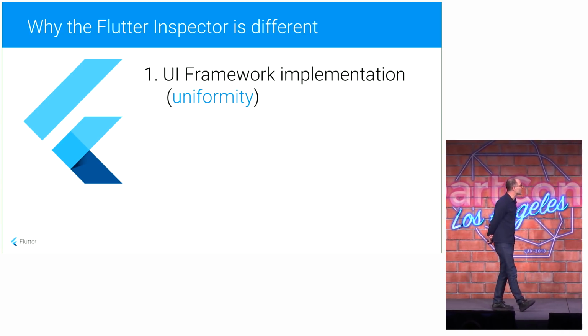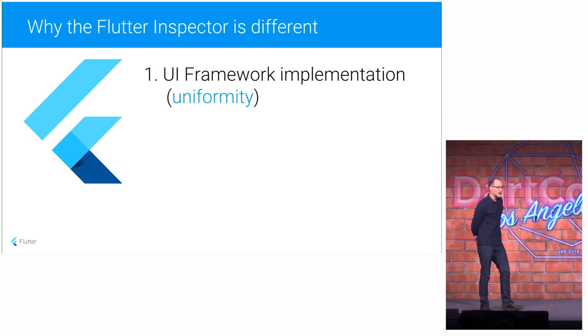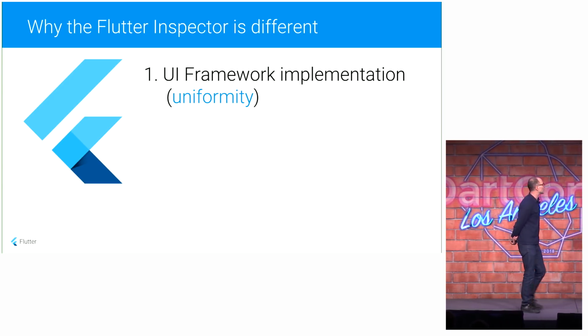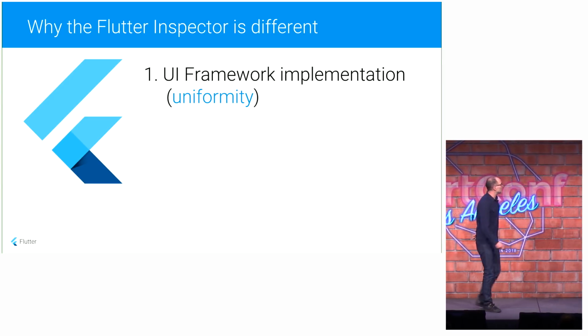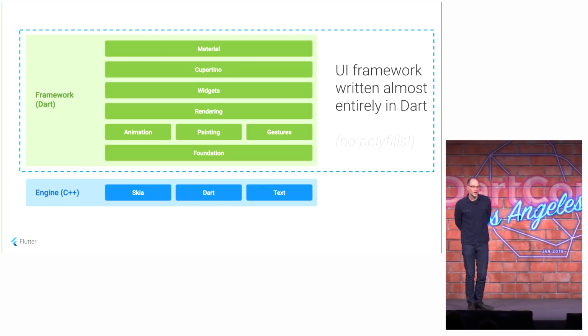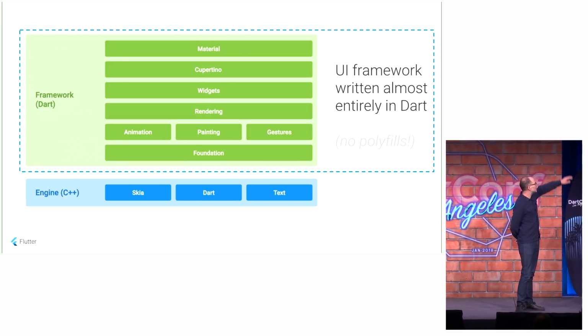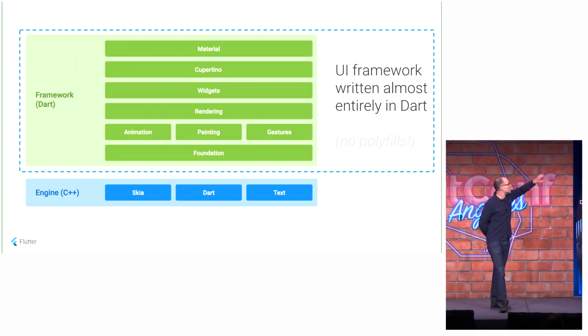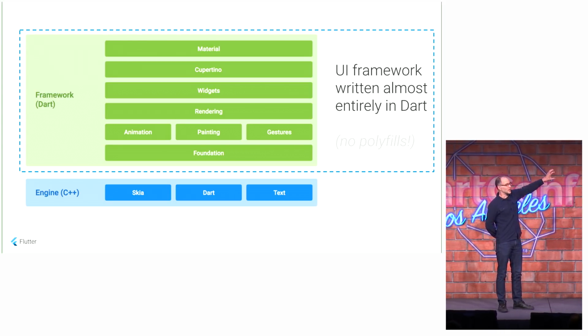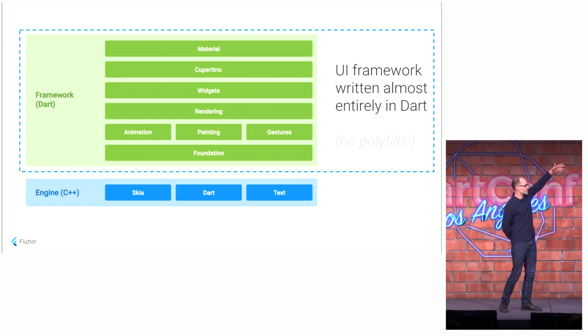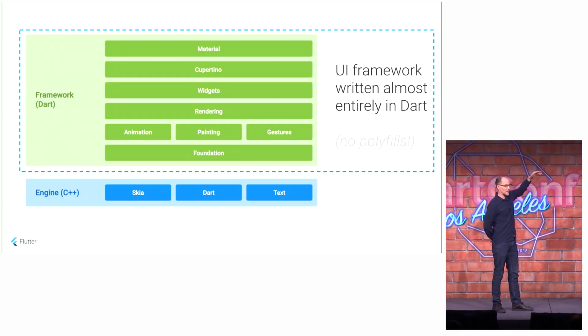So the first thing that I want to draw your attention to has to do with the Flutter framework itself. If you look at this now probably familiar picture of the Flutter stack, the salient bit here is how much is happening up above the engine level. It's not so interesting that it's layered as much as how much is up in those upper layers.